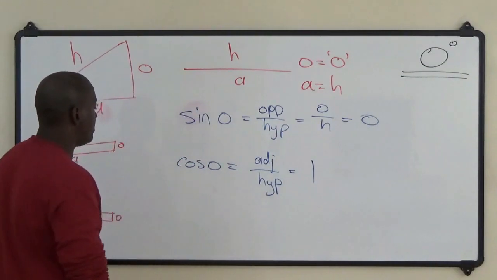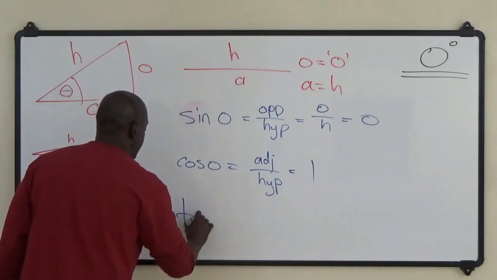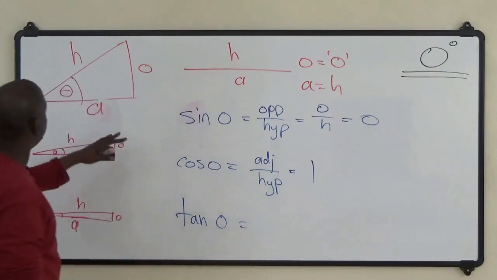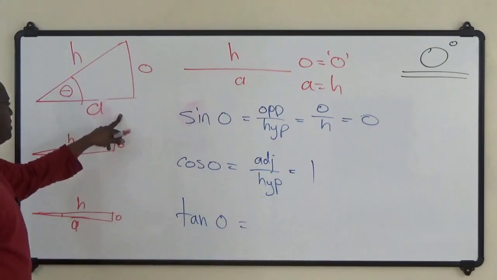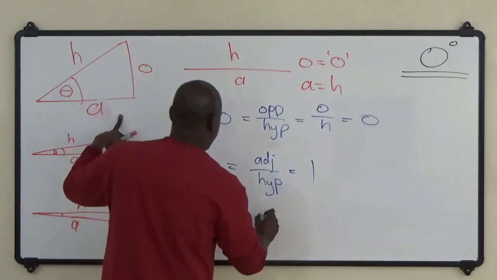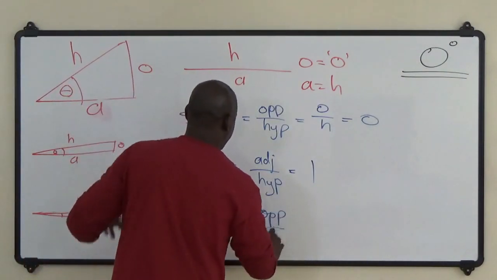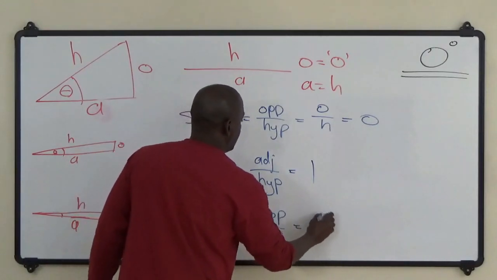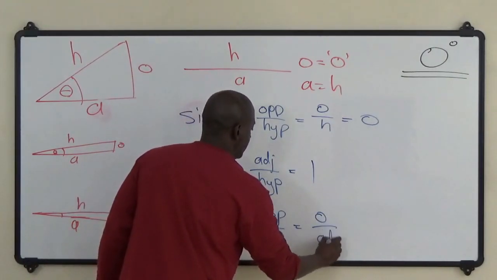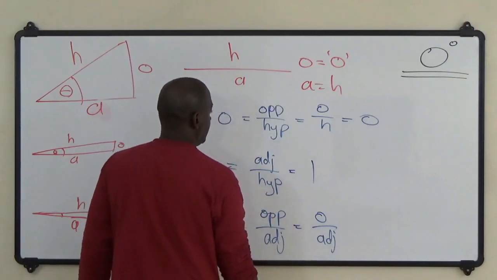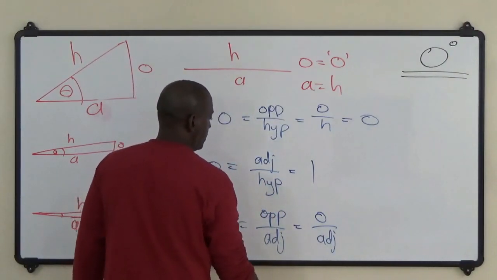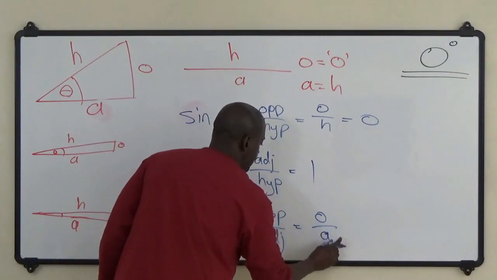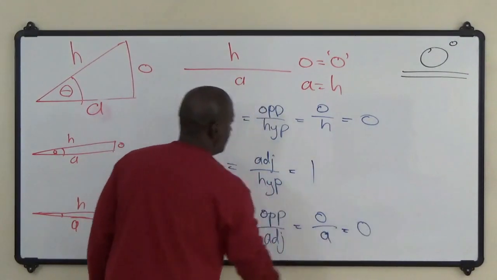So your cosine of 0 is 1, and your tan of 0 would be opposite over adjacent. Of course, the opposite is equal to 0, so 0 over adjacent, and 0 over anything would be 0. I will leave it as A here just for consistency, 0 over adjacent, which would be equal to 0.